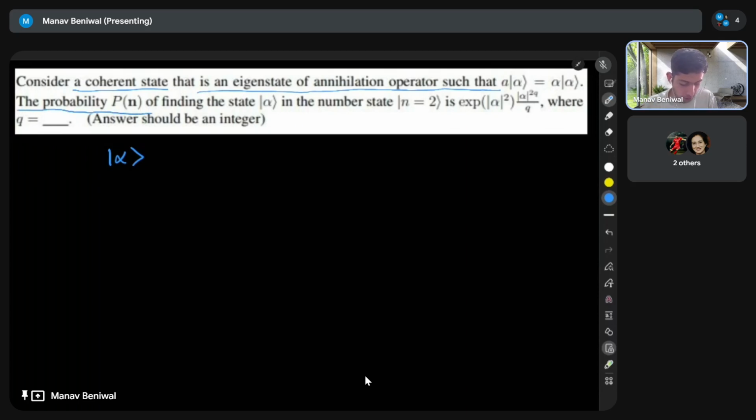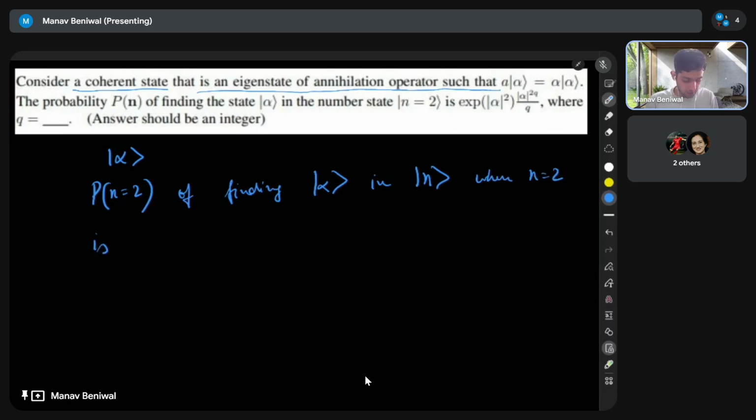the probability P_n of finding the state alpha in the number state n, when n is equal to 2, is given as an exponential.